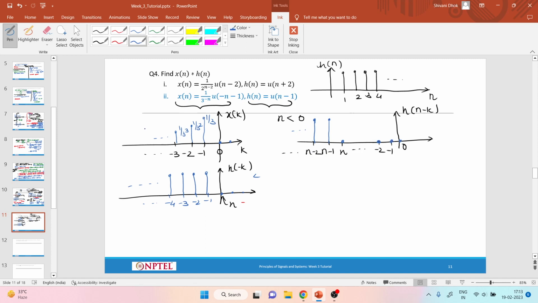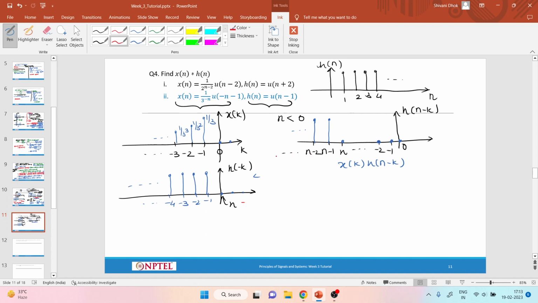Now let us look at the region of overlap for this condition. So we need to check x of k into h of n minus k. If we observe here, my x of k is non-zero from minus infinity to minus 1, but my h of n minus k is non-zero from minus infinity to n minus 1.